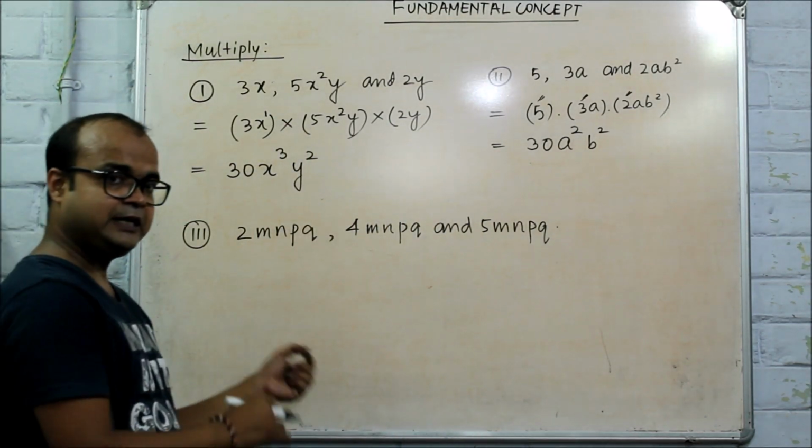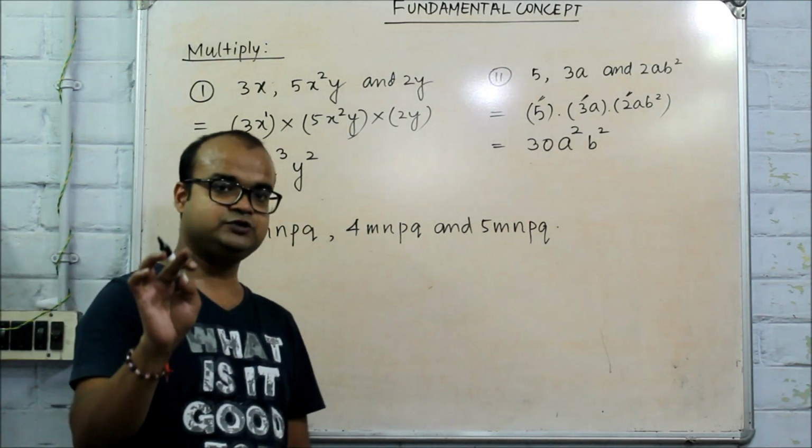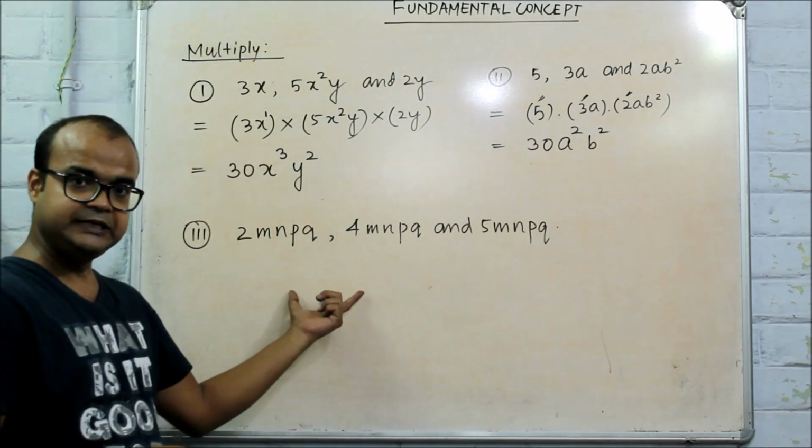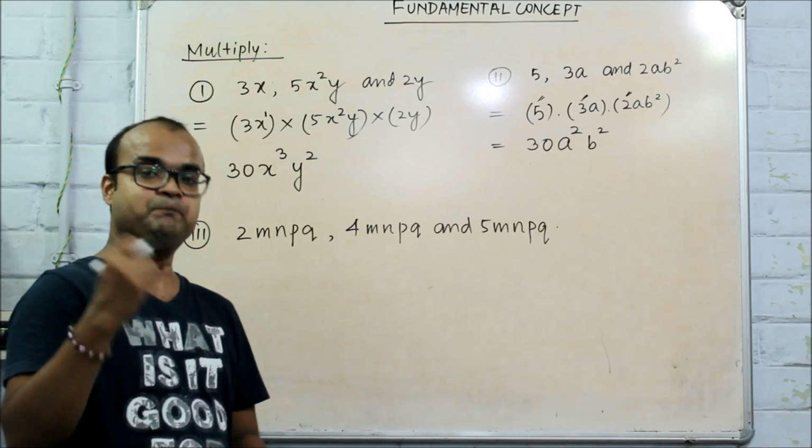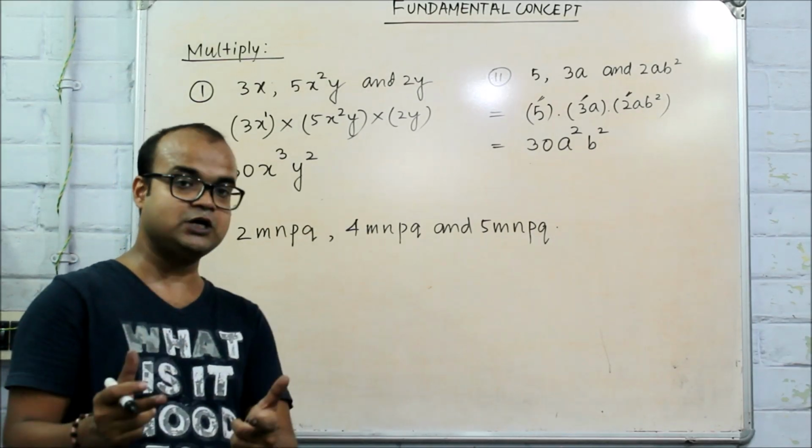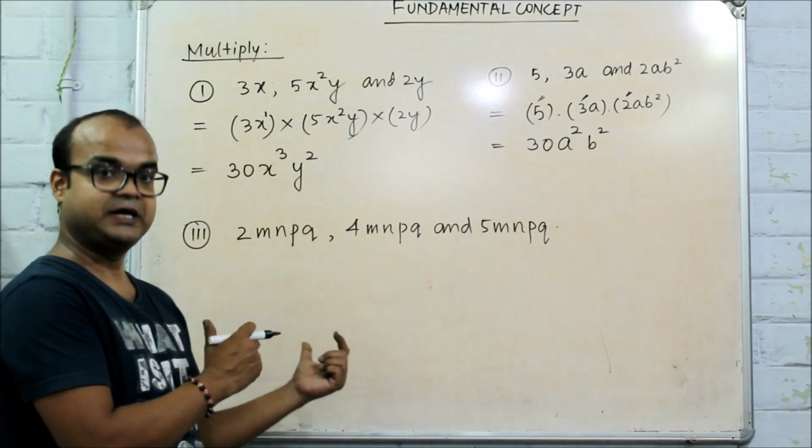Now before I explain, I request you to pause the video, try to complete the sum and then play it so that you can match your answer with my solution.